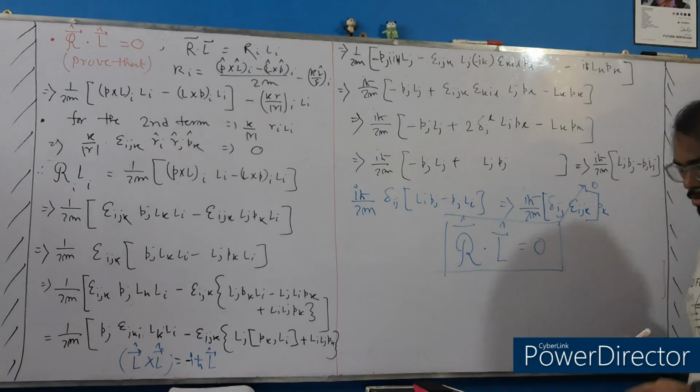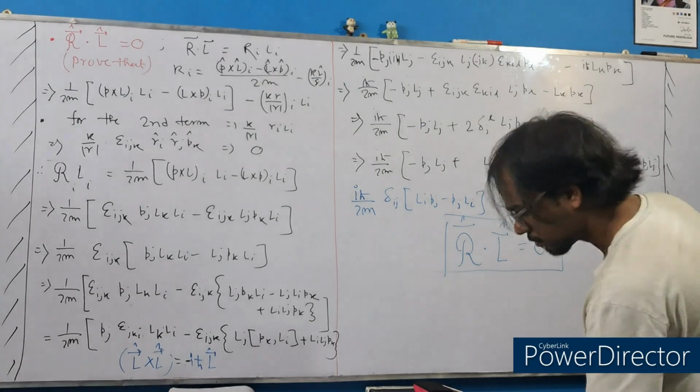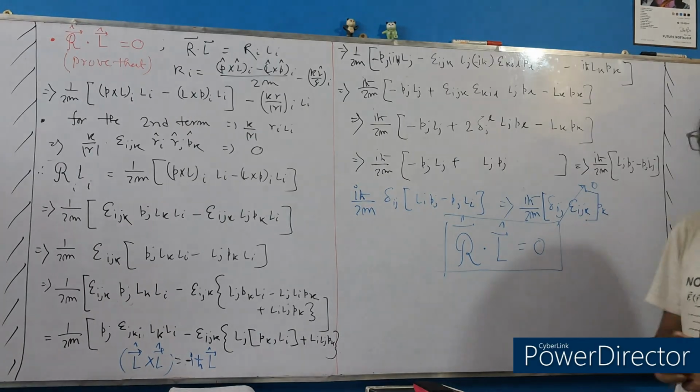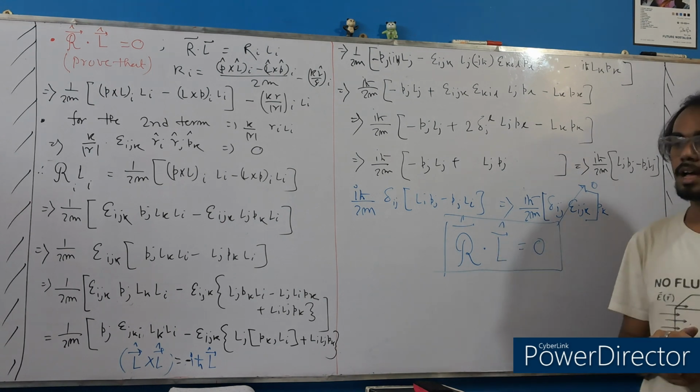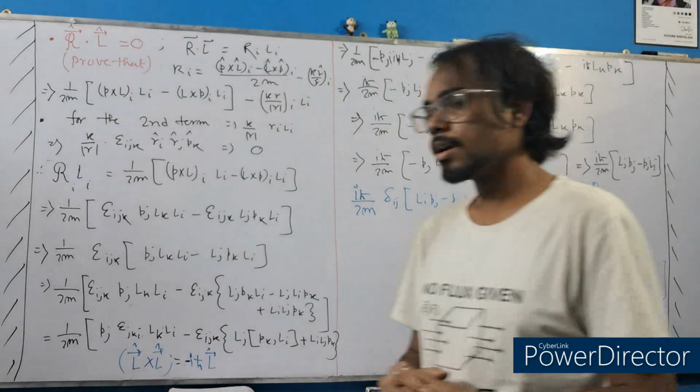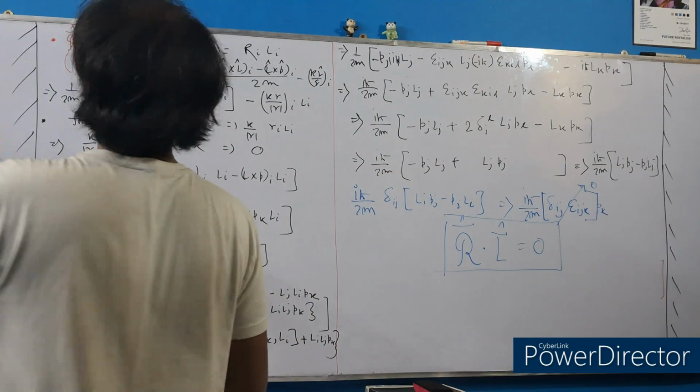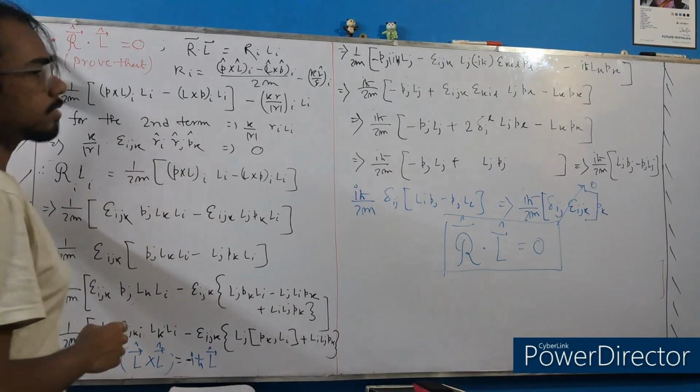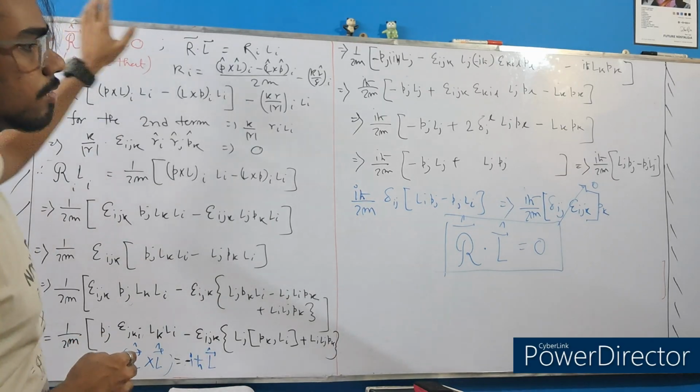Okay, so we have proved our point that indeed the Runge-Lenz vector taken dot product with L is 0, and in the next video I will try to prove that the mod of this R square will give you some kind of a Hamiltonian dependent quantity.